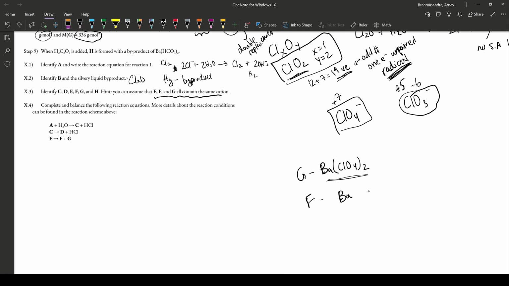You can set this up as Ba(ClOx)2, where x is less than 3, and you know the molar mass, and you'll find that x equals 0. So this implies that our compound is BaCl2.